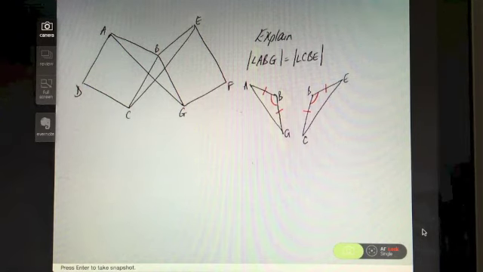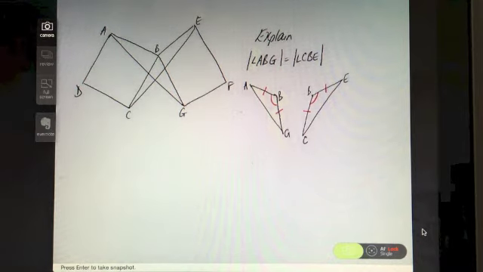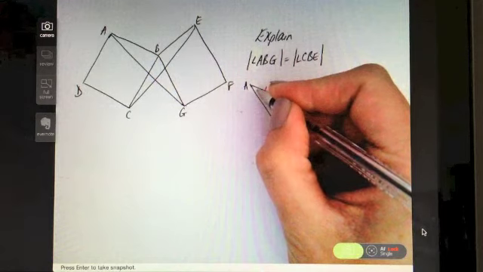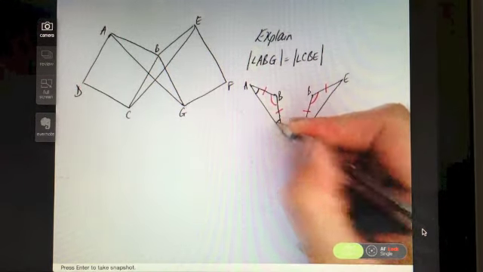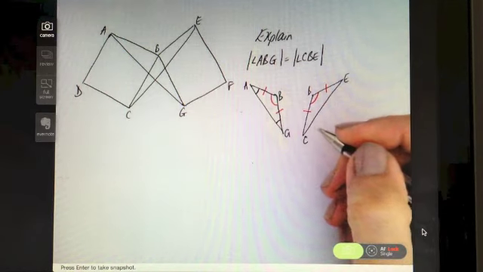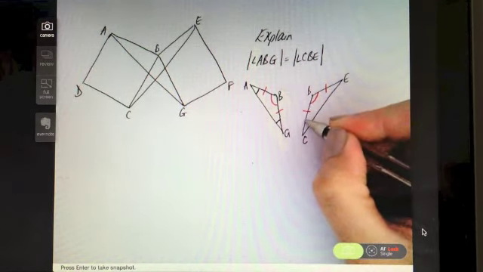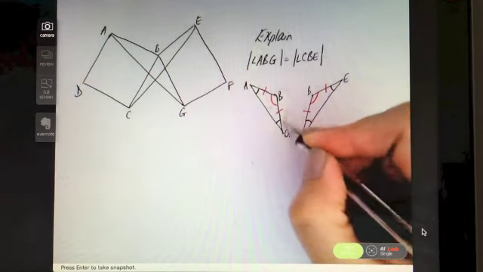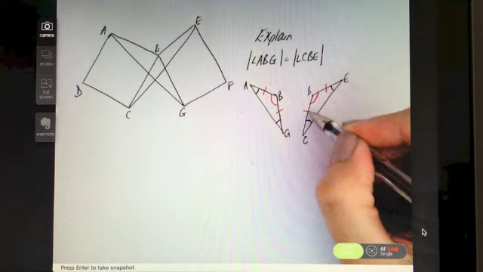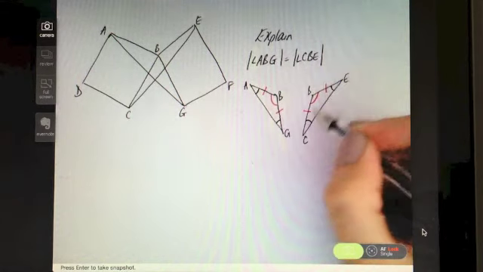Now, from the fact that I know I'm dealing with isosceles triangles, I know straight away that this angle here and this angle here, the base angles of an isosceles triangle, are equal. And that means these two angles are equal, not only to each other, but to these two as well, because these sides are all equal to each other.